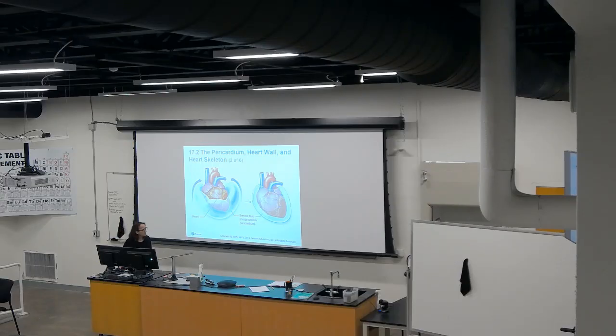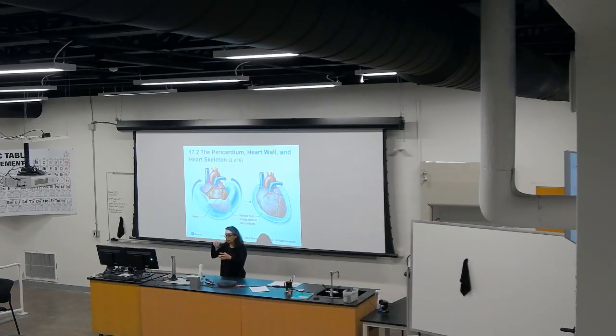So, this is an illustration to show you the two membranes that make up the inner pericardium. This is the visceral and this is the parietal. It is like a balloon; I guess for next course I can bring a balloon.